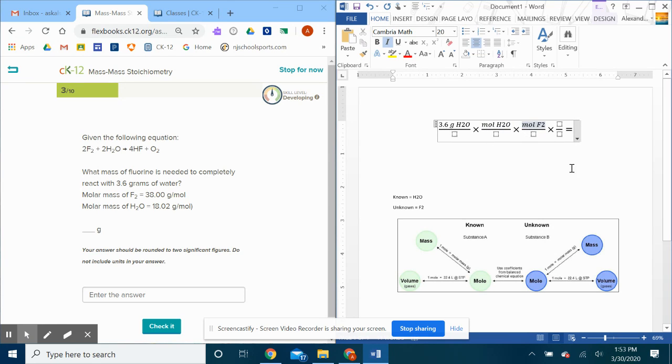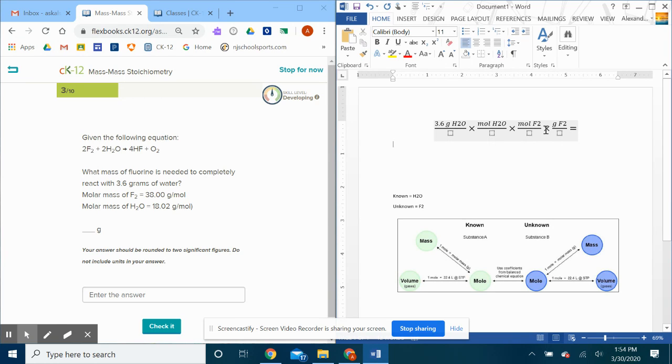On top of our last fraction, it's going to be mass of the unknown. So grams of F2. So grams of H2O is on top of the first, moles of H2O is on top of the second, moles of F2 is on top of the third, and grams of F2 is on top of the fourth.